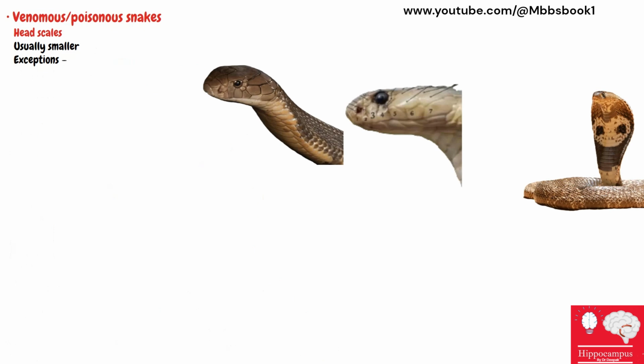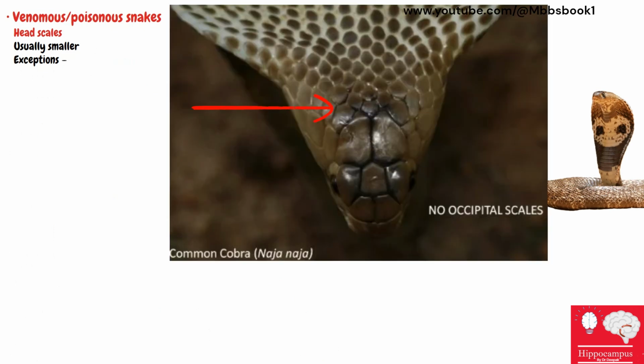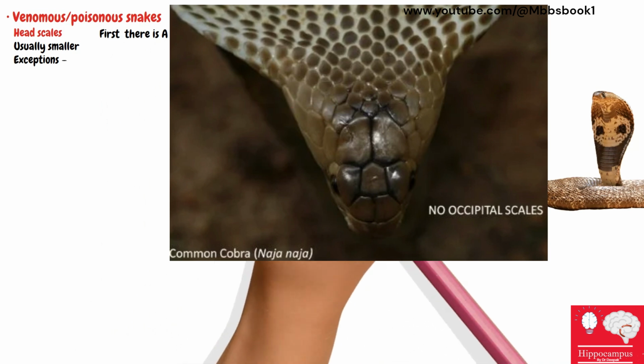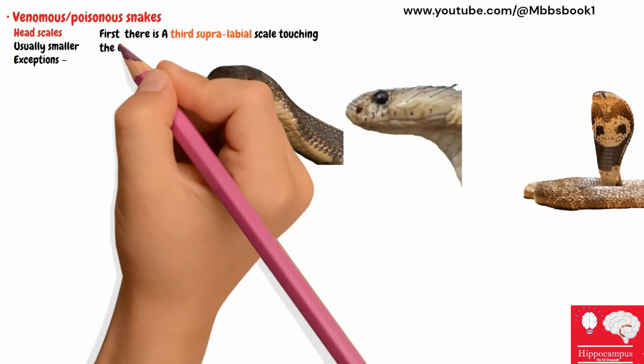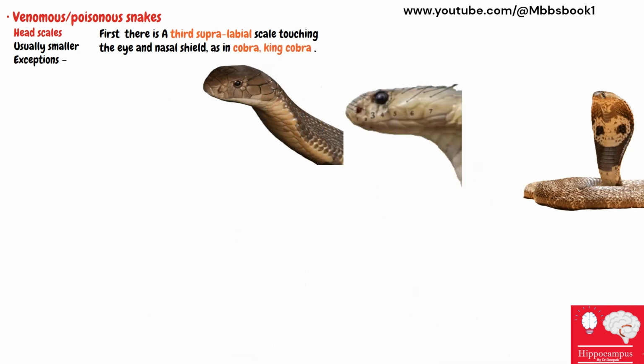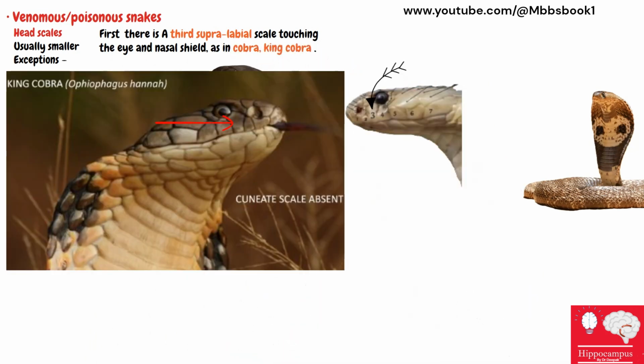In most venomous snakes, the head scales are smaller. Take a look at this picture and appreciate the head scale of the snake. These are smaller, but there are some exceptions. The first exception is cobra and the second exception is crate. If it is cobra, we look at the supralabial scales.